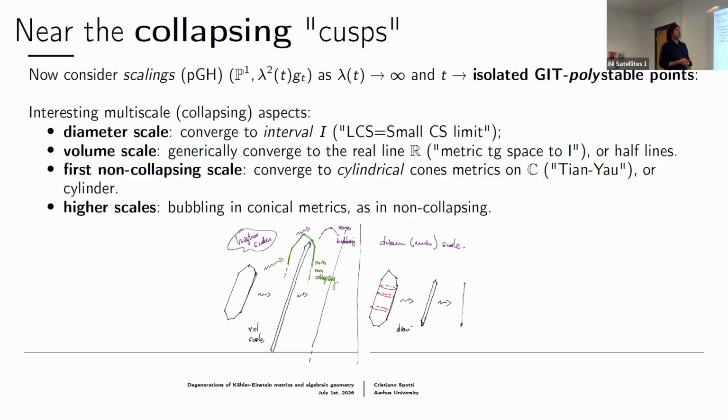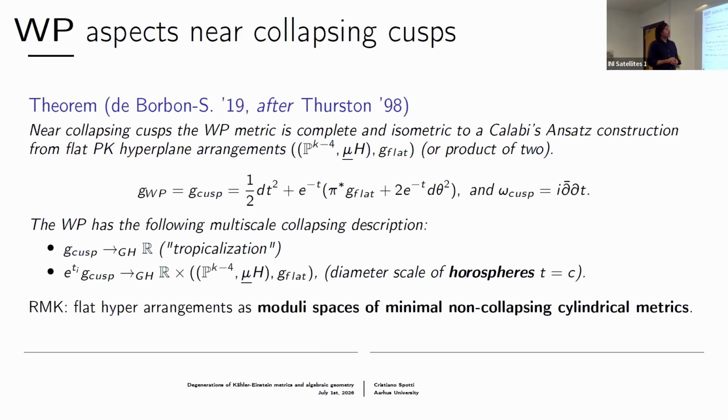But we have this sort of picture, and one can also ask about the Petersson metric in this situation. The Petersson metric here is complex hyperbolic and actually matches a very standard description, a Calabi ansatz as it's called, of a hyperbolic cusp, and can also be built up from some other compact complex manifold.